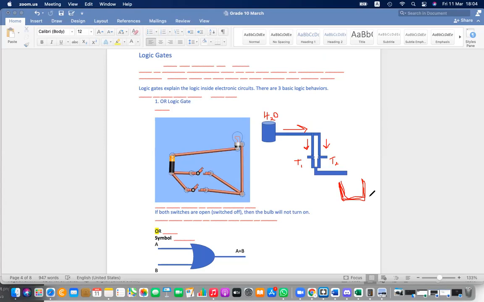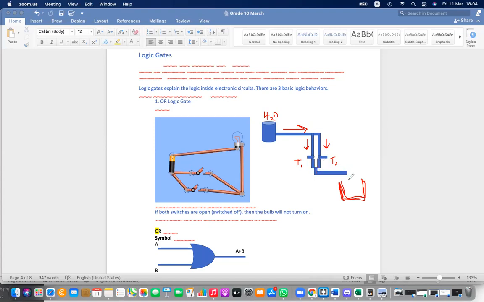Waste? Why? Because it goes into the flow now, sir. If you open tap 1, the water will move like this, right? Doesn't matter. If you open tap 2 here, it will also move like this.